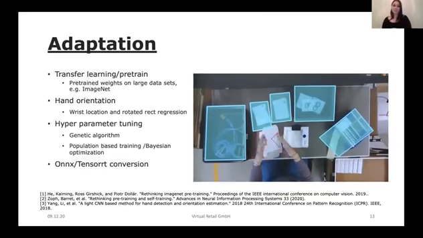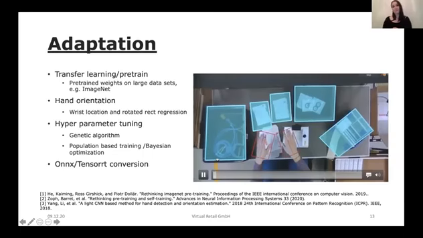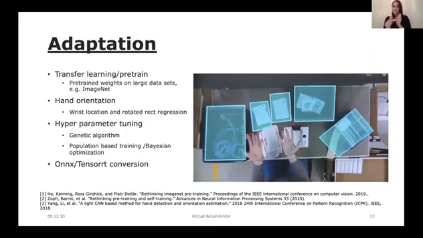So after selecting a model, a method, we need to adapt the model to our data set and also to our use case. So transfer learning or pre-trained models was a basic technique that almost everyone uses. Until in 2019, there was a paper published, Rethinking ImageNet Pre-training.